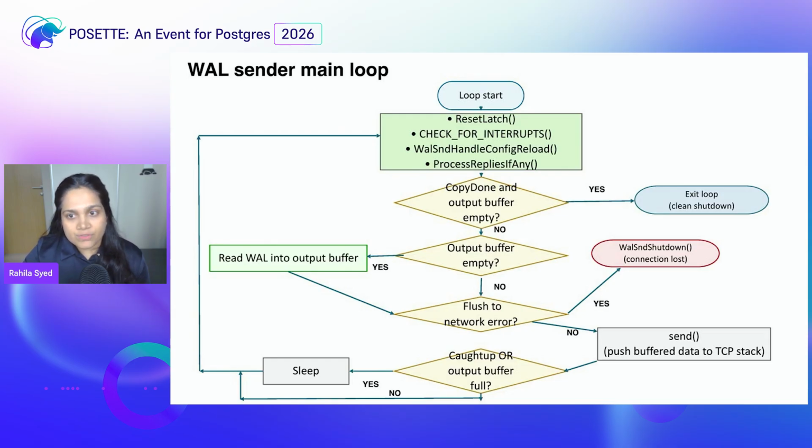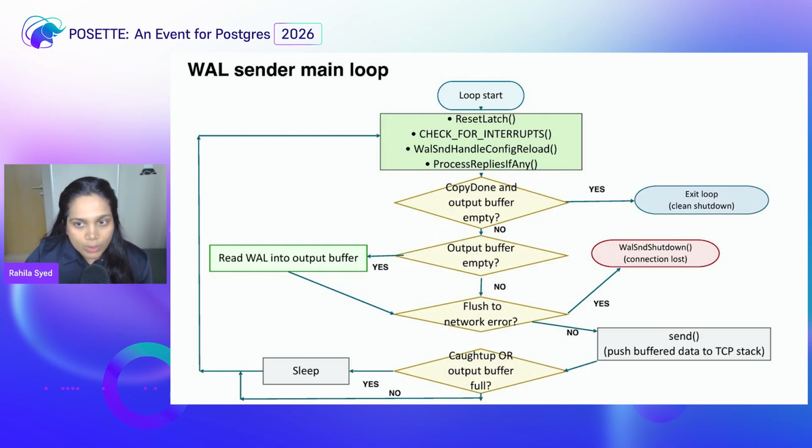Then there are checks for interrupts, because it's a long running process and needs to be interruptible. There is another task where the configuration parameters are reloaded in the process, that is WalSndHandleConfigReload, followed by processing replies from the standby.